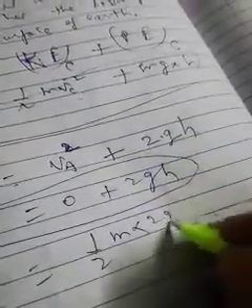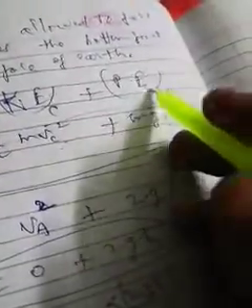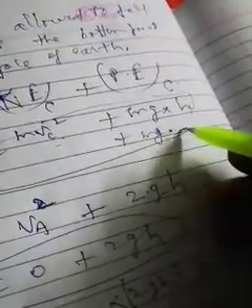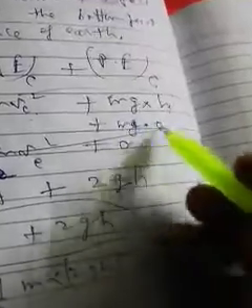Now putting the value of Vc here, that is 2gh, plus potential energy mgh. Here what we have seen, h is approximately 0, so mg into 0, that is 0. So we are writing mg into 0, potential energy at point C is 0.